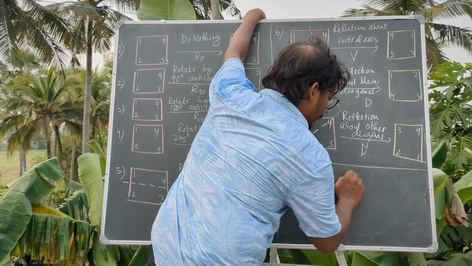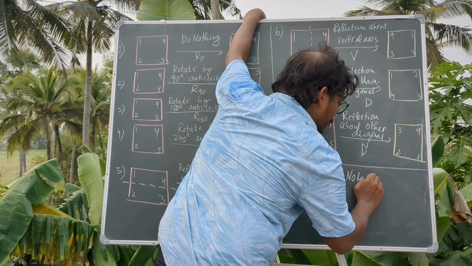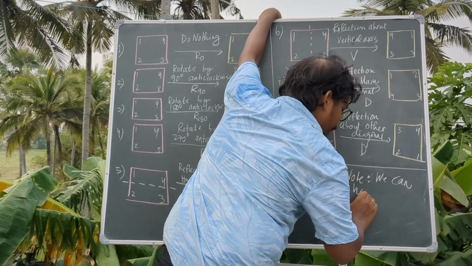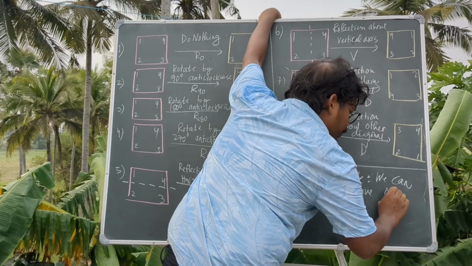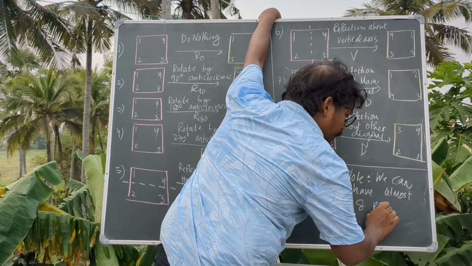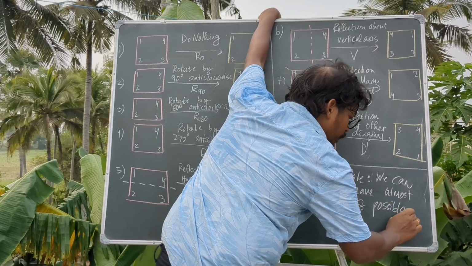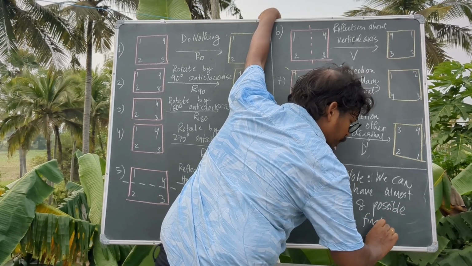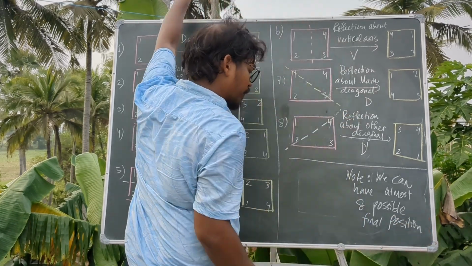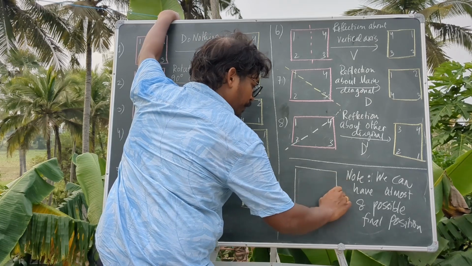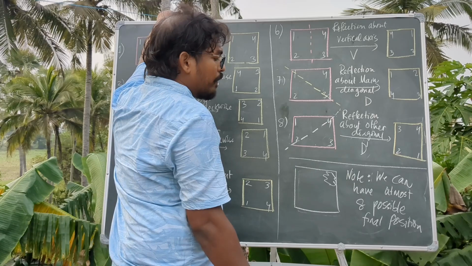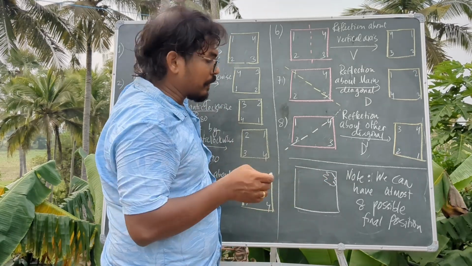See, we can note this. We can have at most 8 possible final positions, because the reason is this corner has 4 choices, isn't it?